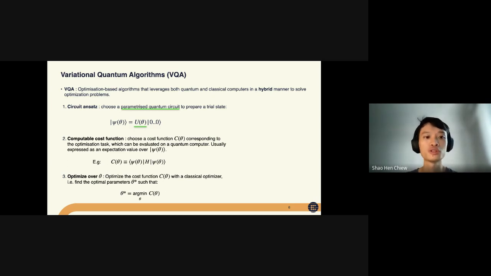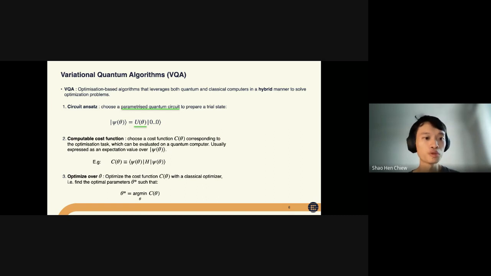This trial state usually is expressed as this ket psi theta, where theta is the parameter, which is introduced through this parameterized quantum circuit U theta. You can see that I've highlighted the parameterized quantum circuit here. This quantum circuit is applied to an initial state. Here, I label it as the state of all zeros, but in general, it can be any easily preparable state on a quantum computer.